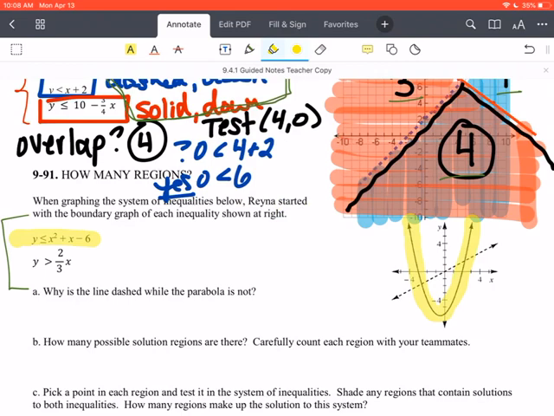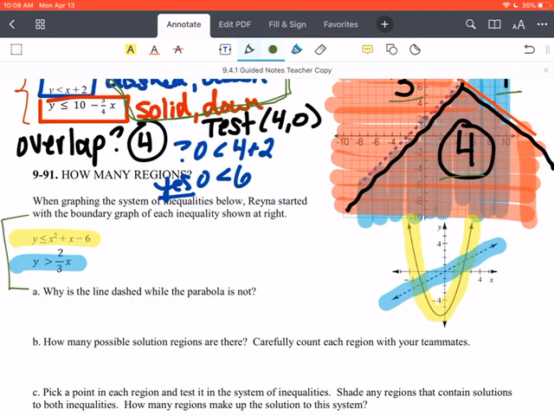And then we also have this equation, which you need to identify as linear. It's not x squared, it's just x. The y-intercept is 0. So we have the blue function as shown. So the first question before they ask us to do any sort of shading is, why is the line dashed but the parabola is not?